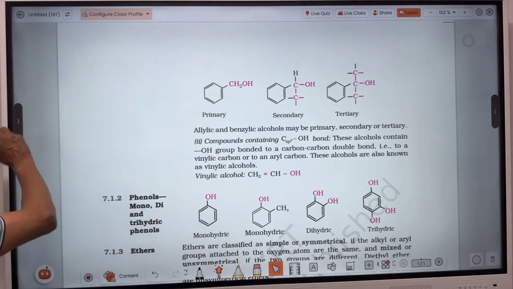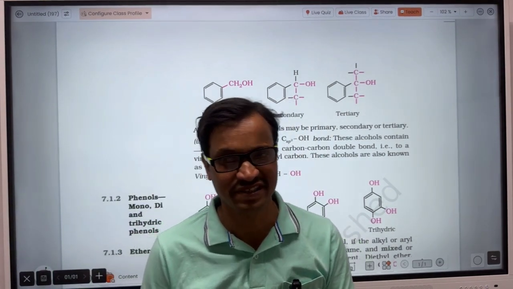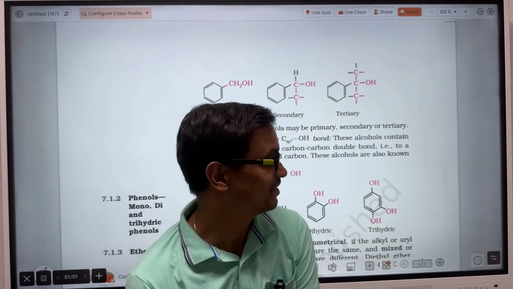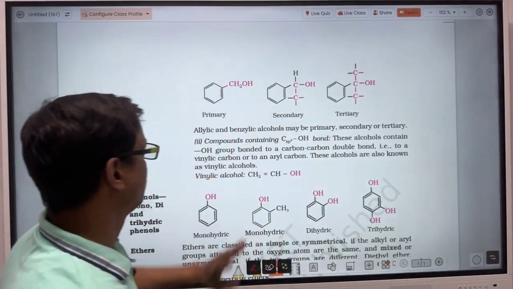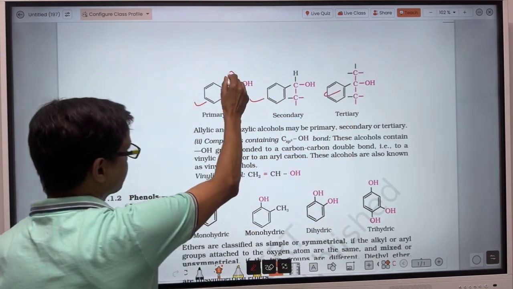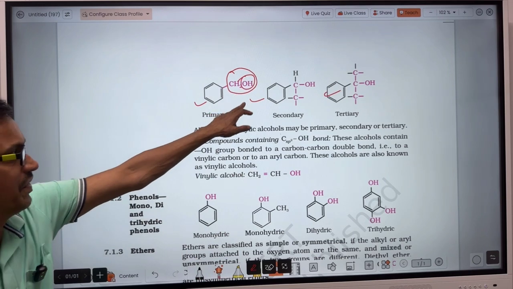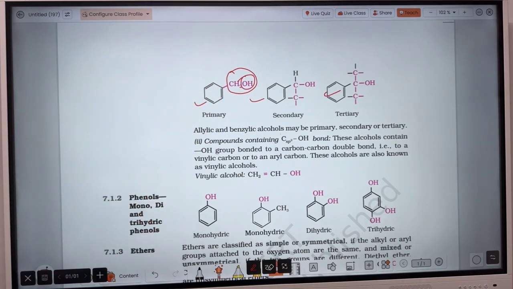Now benzylic alcohol, like benzyl halide, there is benzylic alcohol, the same as benzylic halide. That can also be 1 degree, 2 degree and 3 degree. Benzylic alcohol means the OH group is not directly bonded to the benzene.